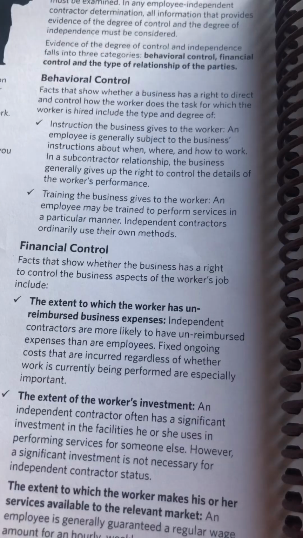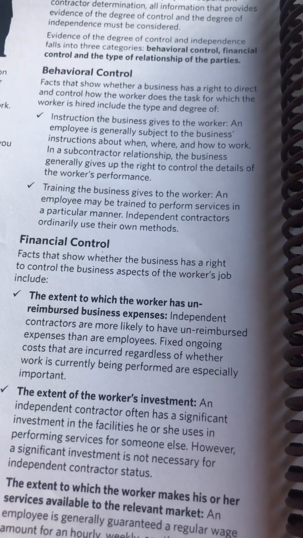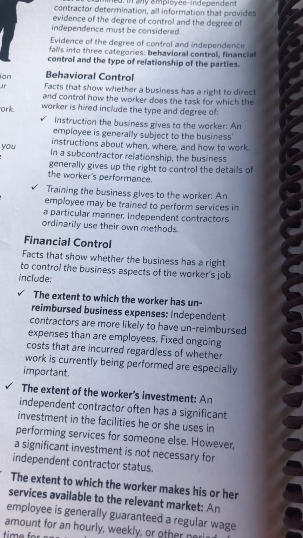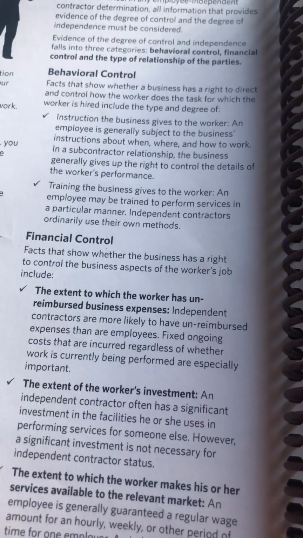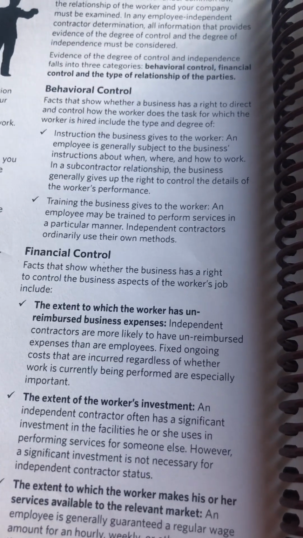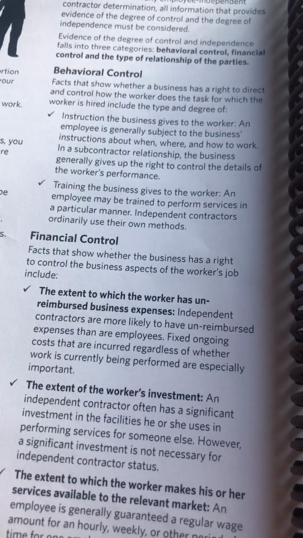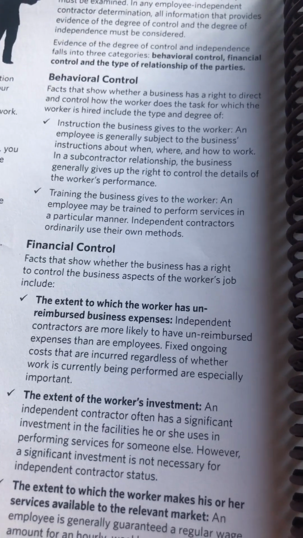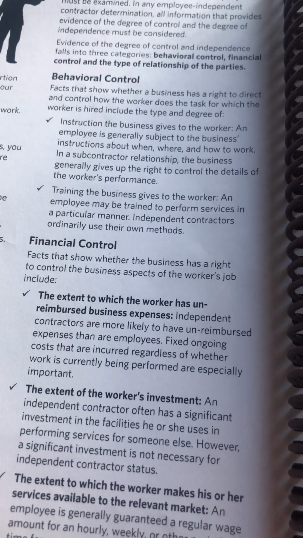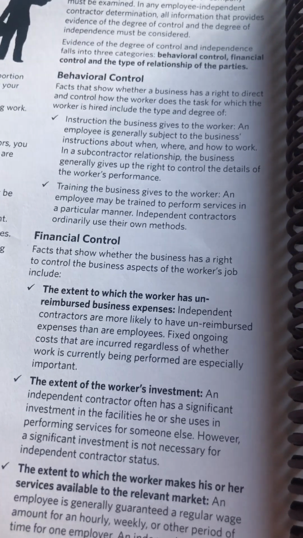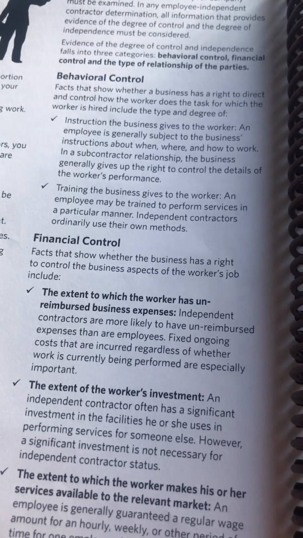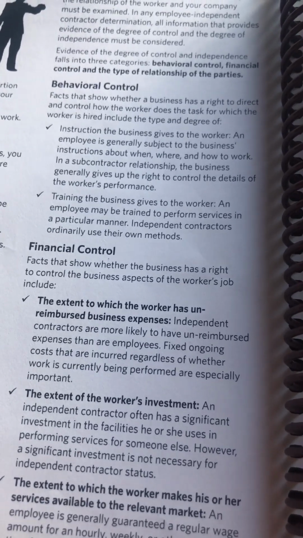In a subcontractor relationship, the business generally gives up the right to control the details of the worker's performance. Training the business gives to the worker: an employee may be trained to perform services in a particular manner. Independent contractors ordinarily use their own methods.